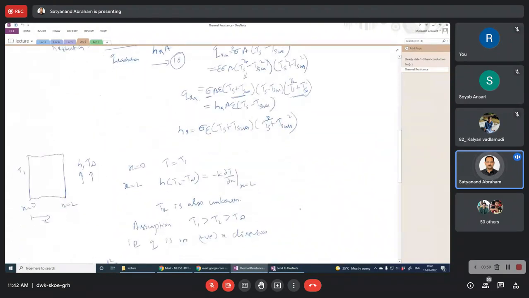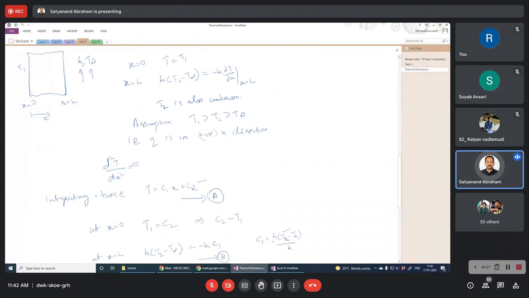Anyway, before that, we were trying to find the temperature profile within a slab with another boundary condition: constant temperature at one side and convective heat transfer at the other side.